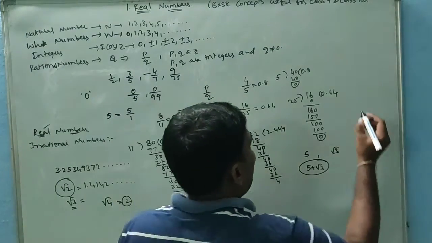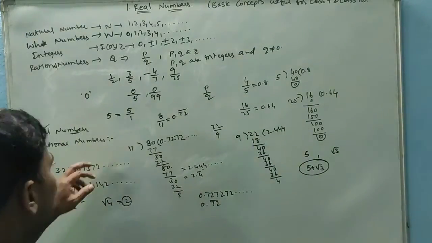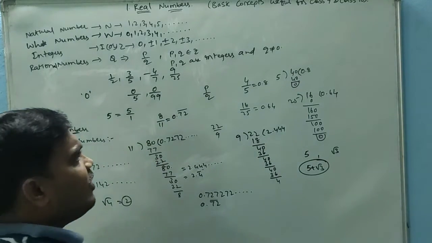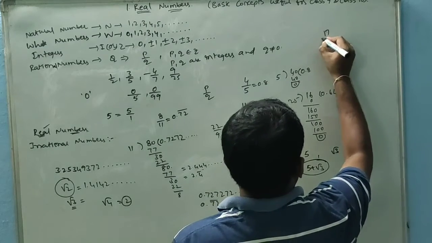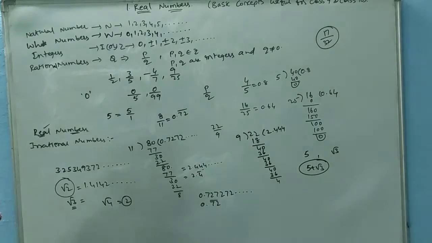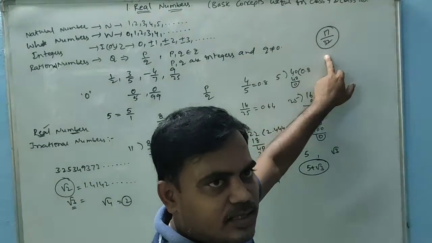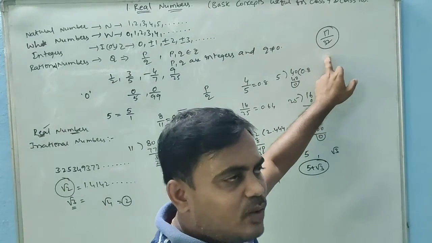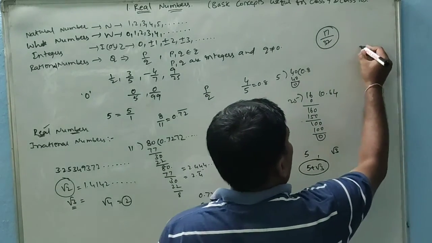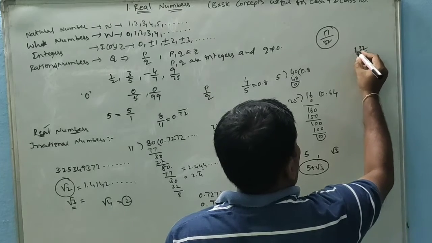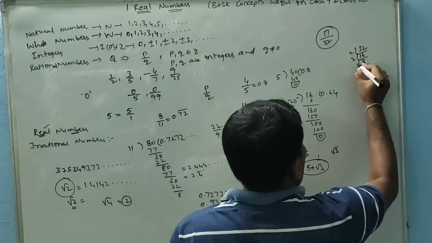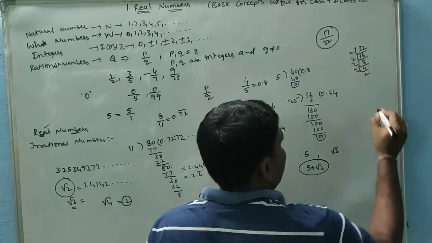Next, one more: which part is repeating and which part is not. For example, 17 by 32. I want to check whether this number is terminating or not. So how do we do it? What is the denominator here? 32. I want the prime factorization: 2 into 16, 2 into 8, 2 into 4, 2 into 2.